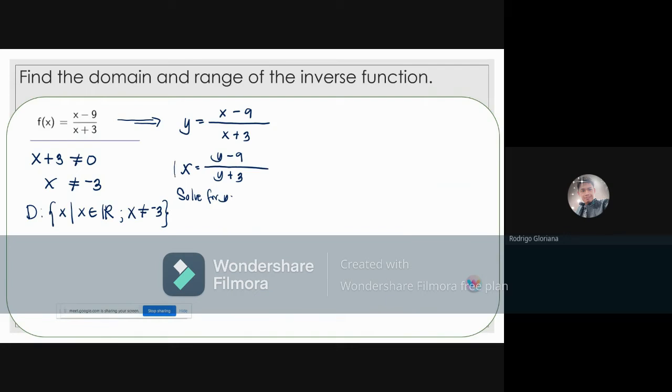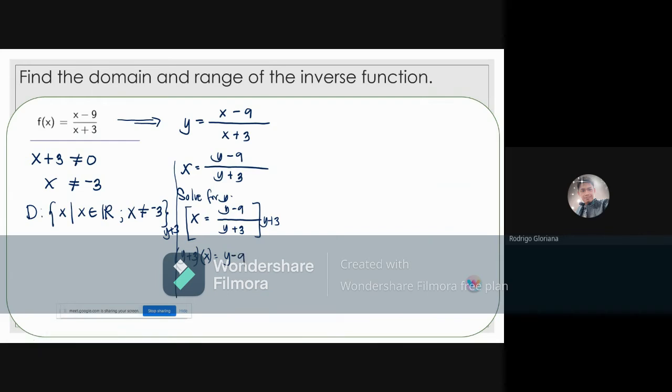So, solve for y. We have now x equal to (y - 9)/(y + 3). So, you will multiply both sides by y plus 3. As we recall, okay? So, we have now y plus 3 multiplied to x, equal to the remaining now, y minus 9.